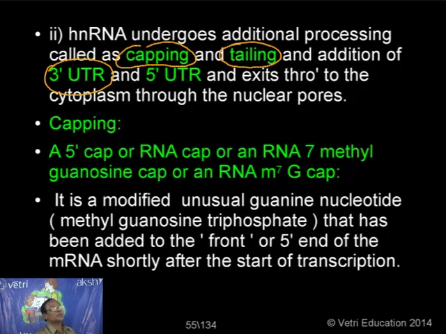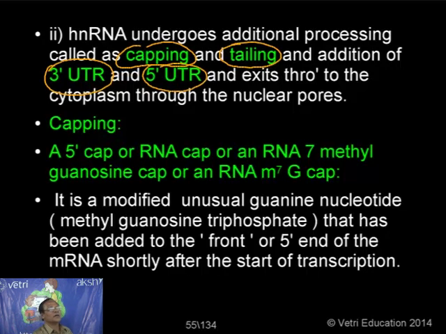So in the matured RNA, we have not only exons but also some regions which are considered untranslated regions, which are not being translated. Though present in the mature RNA, they are not used for the translation process, and that is why they are called untranslated regions. So we have the addition of untranslated regions both at the 3' end and at the 5' end. So we have 3-UTR and 5-UTR.